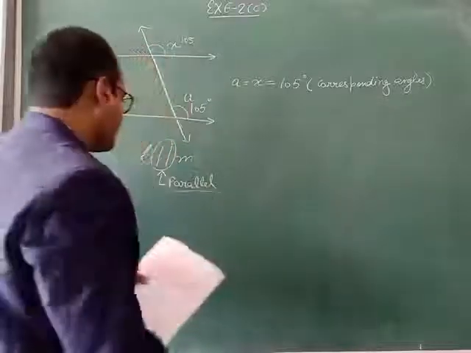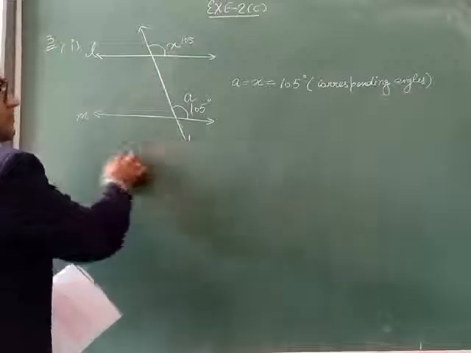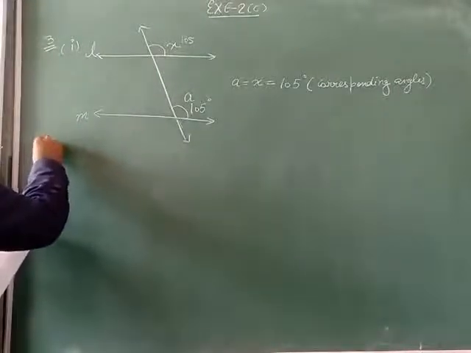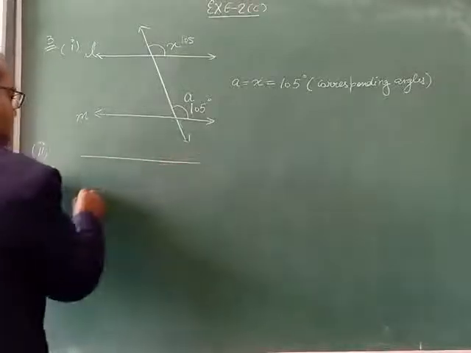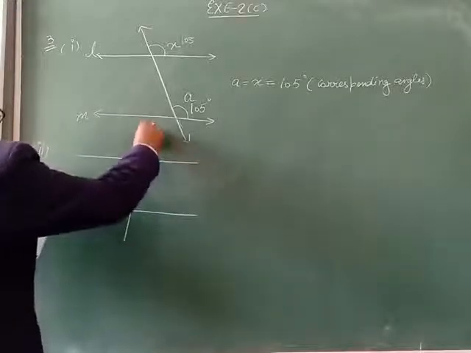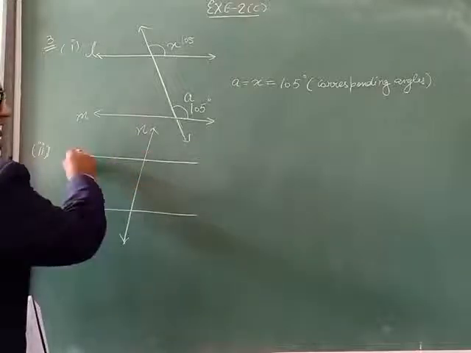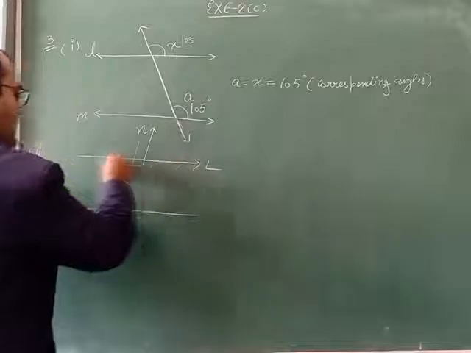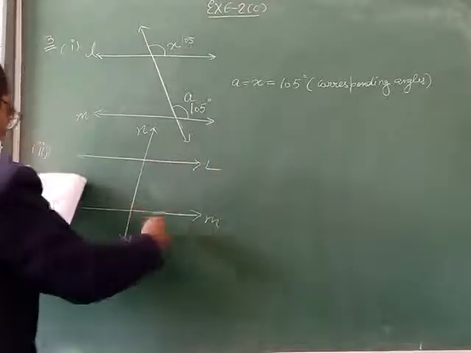Now second part. Figure is given and transversal. This is the transversal because this line is cutting two lines. L is the parallel line and another parallel line is M. These two lines are parallel to each other.